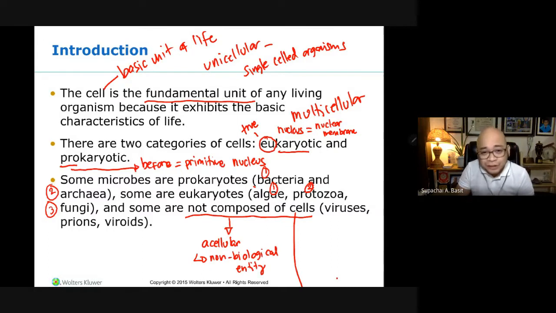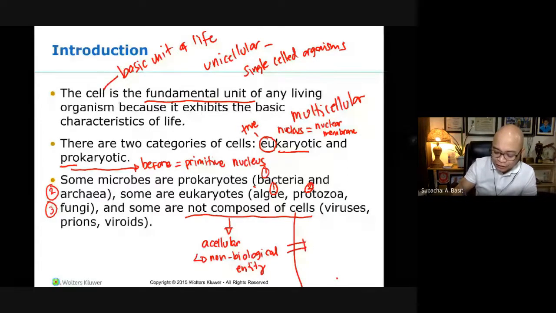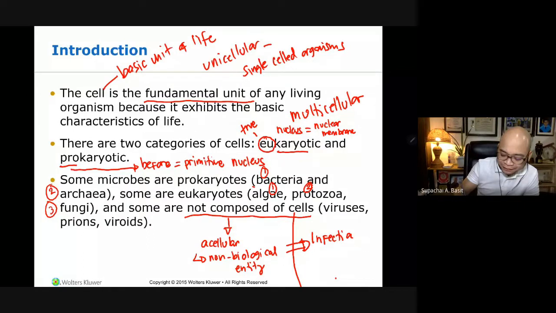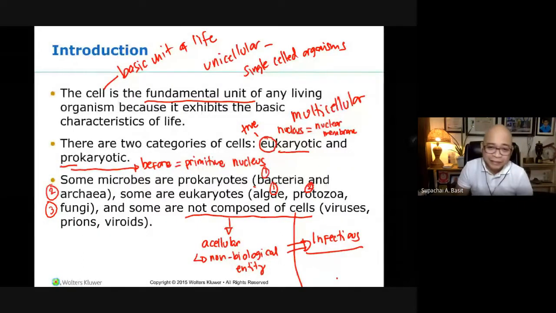An example of such would be the viruses, prions, and viroids. Now take note that even if they are non-biological entities, they are still considered to be infectious. So they can still cause infections. As a matter of fact, the causative agent of COVID-19, which is SARS-CoV-2, is an example of a virus.